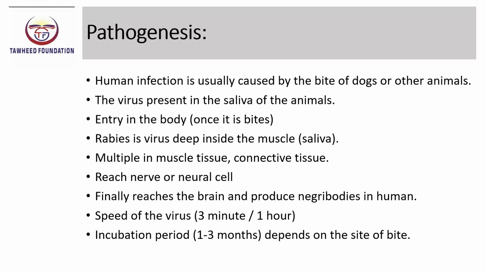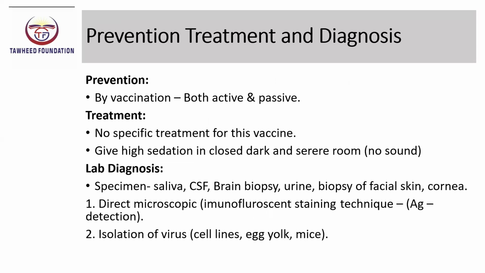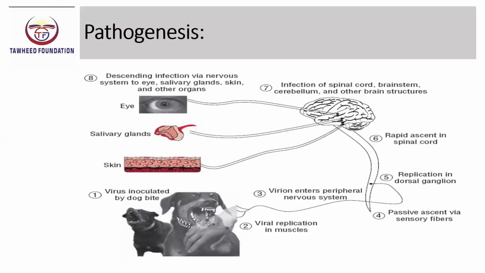Finally, it reaches the brain and produces Negri bodies in humans. The speed of the virus is 3 millimeters per hour, and the incubation period is 1 to 3 months depending on the site of the bite. This is the diagrammatic representation of pathogenesis for rabies virus infection.